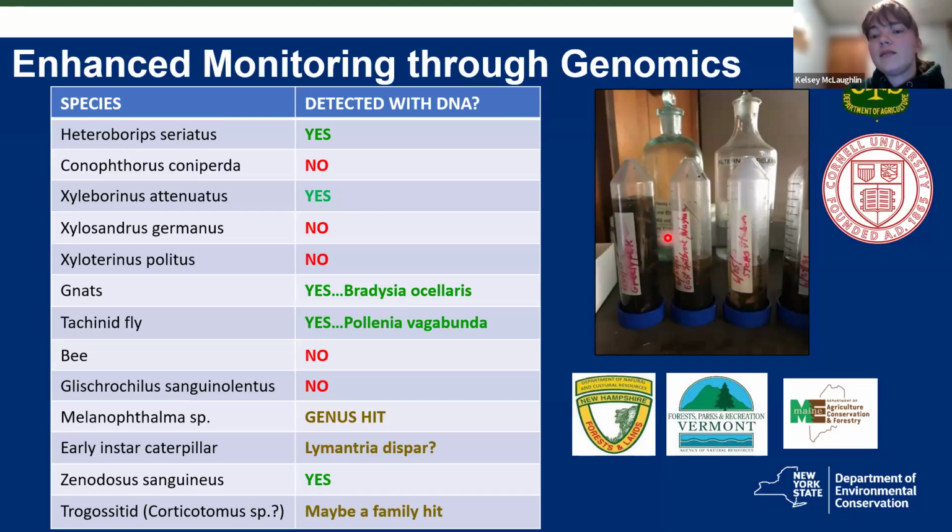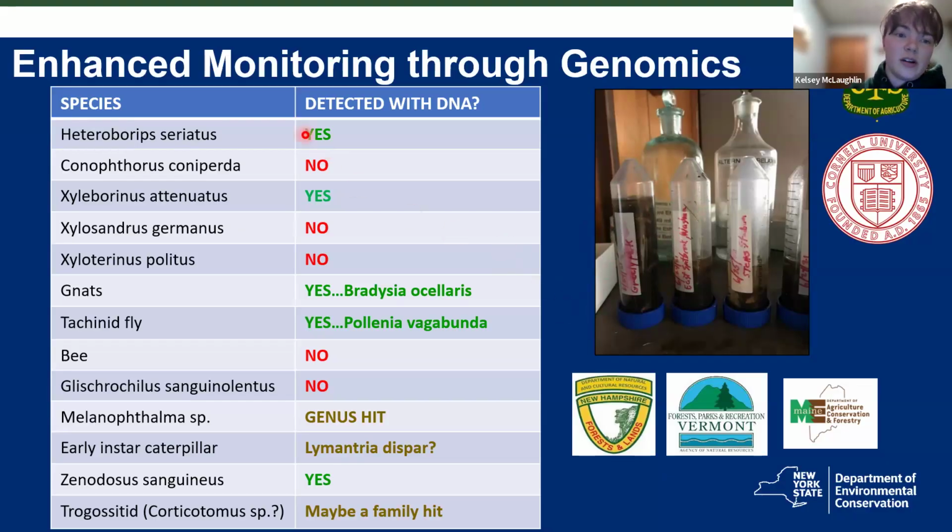But essentially what we wanted to know was, can we take this bycatch, extract DNA from it, and then use that DNA to identify the insects that are in it? So for example, in this one, they placed the insects in what they called a tea, and they just let the insects steep in there and then used that liquid and amplified that DNA, and then did what's called barcoding to match that DNA to specific species.